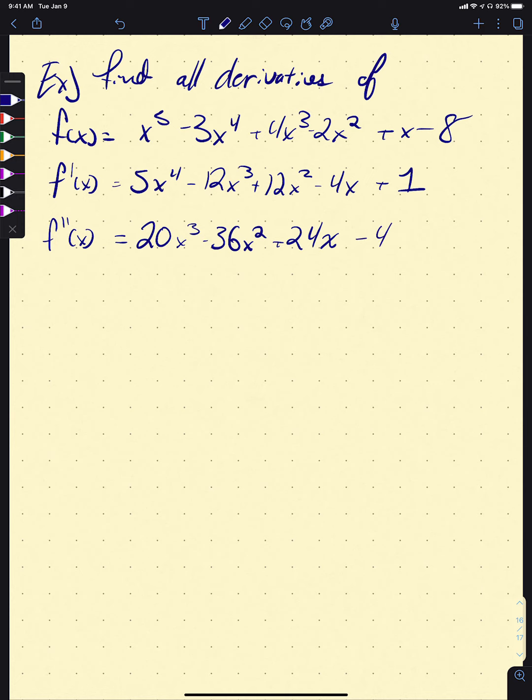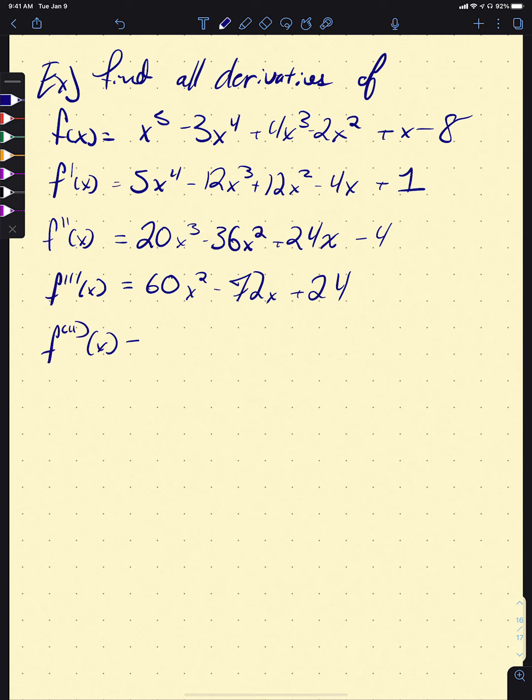My 4x just becomes a 4, and my 1 becomes a 0. Okay? What about a third derivative? All right, well, my 3 is going to drop down, give me 60x squared. Minus 2 times 36 is going to be 72x. 24 left over, my minus 4 drops.